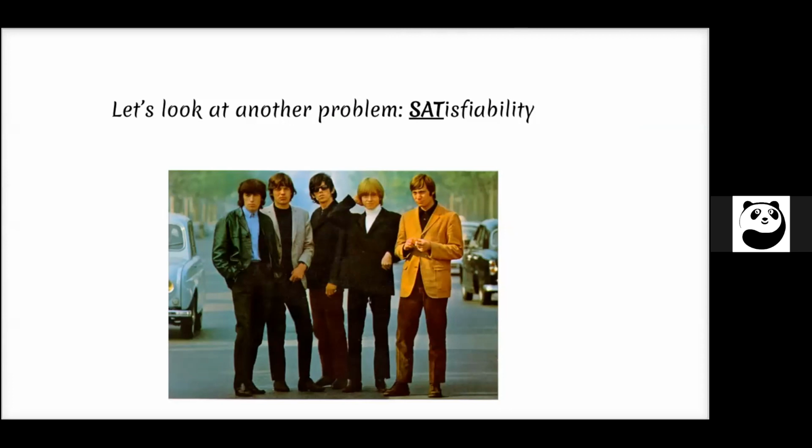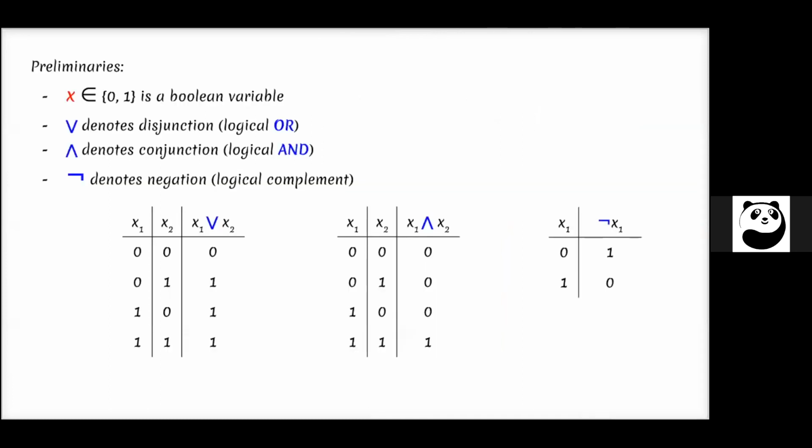Today we'll start with the satisfiability problem, or SAT, as it's called for short. We call a variable that can assume values of 0 or 1 a Boolean variable. So x here is a Boolean variable. It can assume one of these two values.